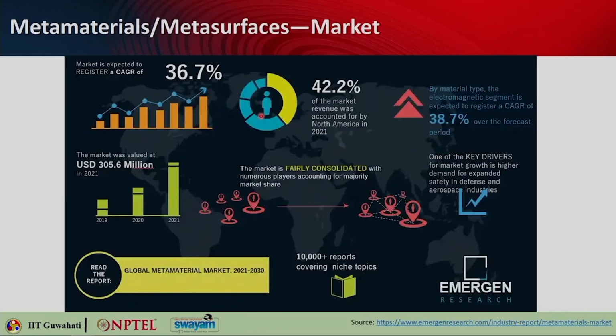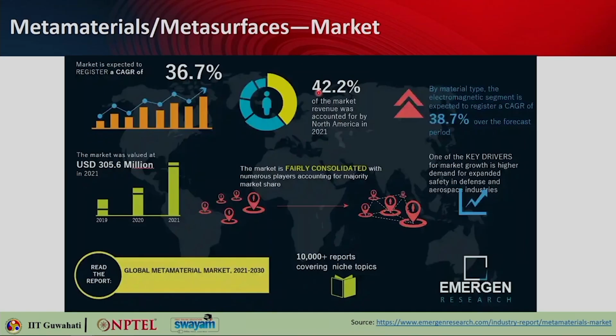On the other hand, if you look into the metamaterials and metasurface market, as I told you, this is relatively a new area. The market share right now in 2021 is 305 million US dollars, so that's comparatively low, but it has a very high growth rate of 36.7%.